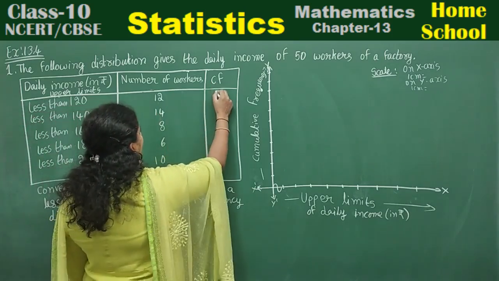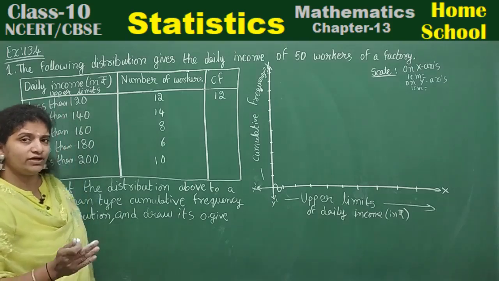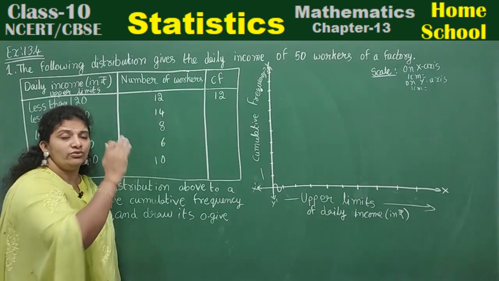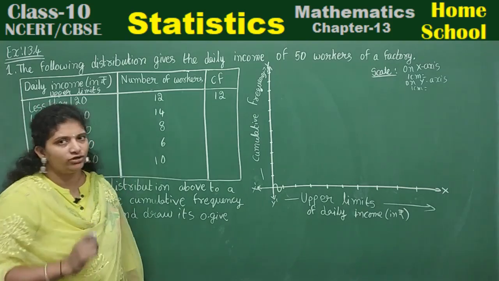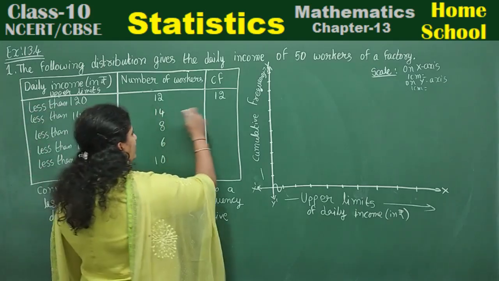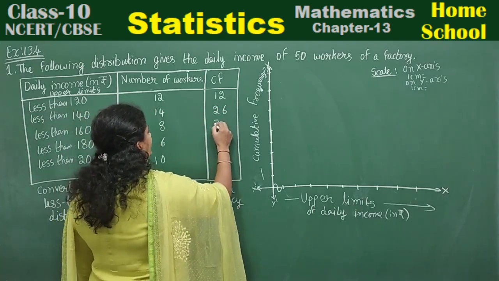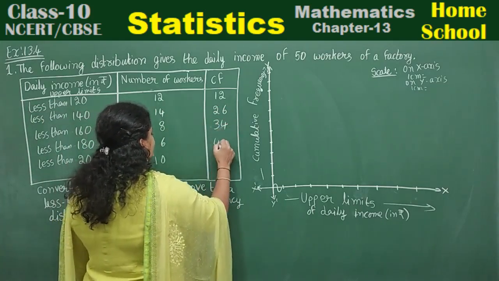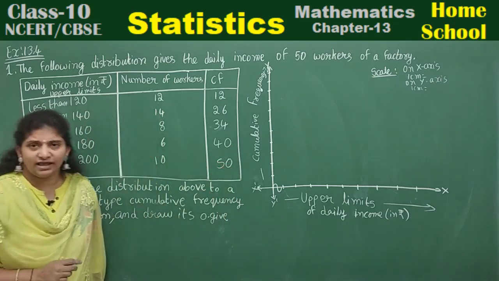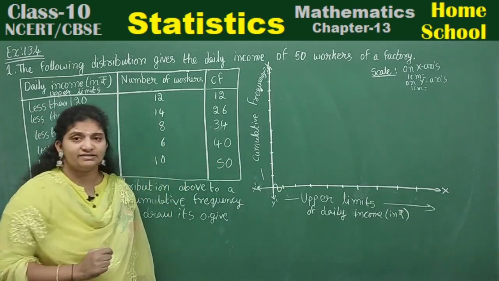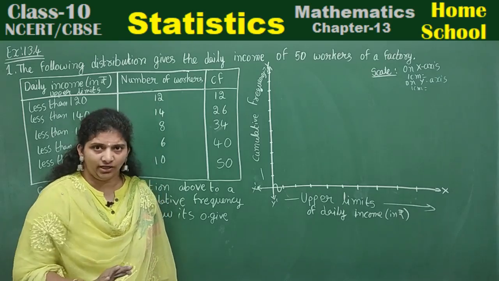Now find the cumulative frequency the same way as before: 12 plus 14, 26; 26 plus 8, 34; 34 plus 6, 40; 40 plus 10, 50. 50 workers are there. The last number indicates the n value, and we don't need n or n by 2 here.